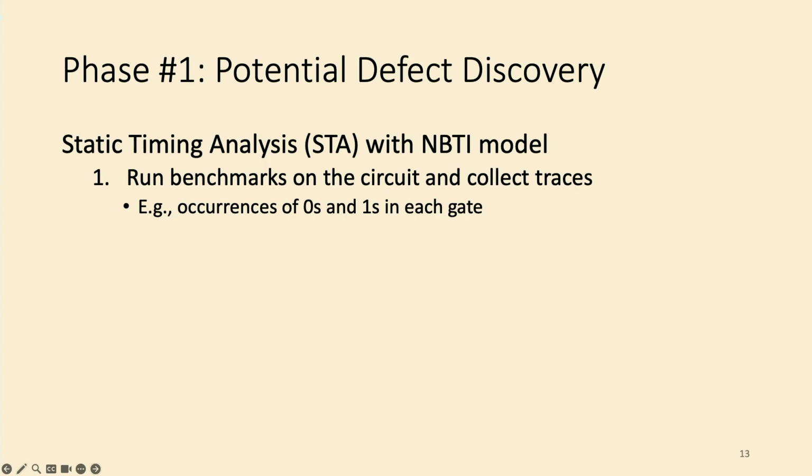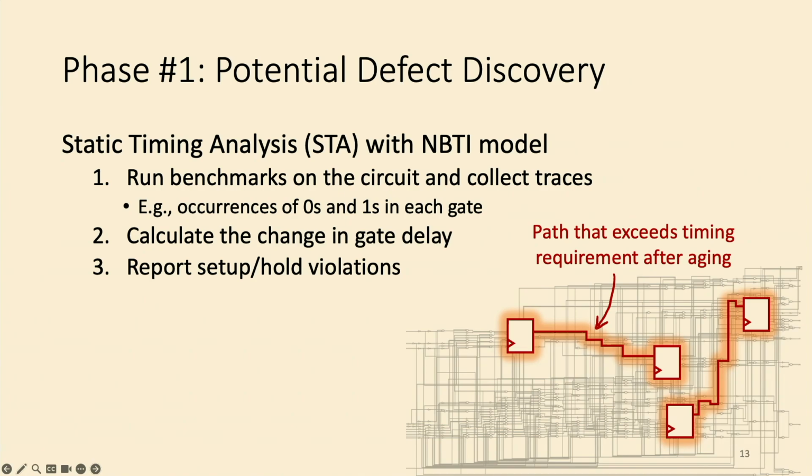Then these traces are fed into this NBTI model, and we can calculate how the gate delay of a specific gate will change over time after being used under certain workload conditions. Then we put the updated gate delay into the static timing analysis, and the analysis will give us a bunch of paths that will violate their timing requirement after being used for a while. So that's the first phase.